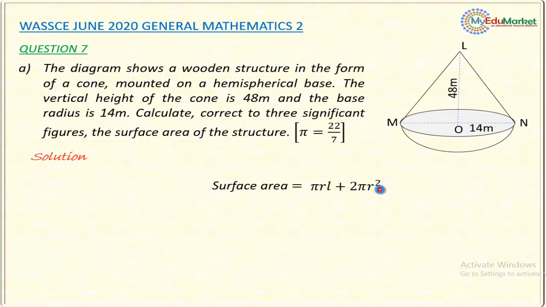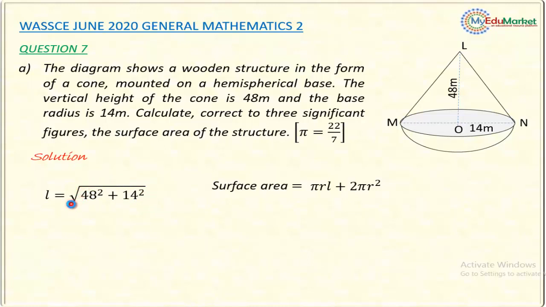So let me move ahead because the slant height of this cone is missing, so let me get it first. The vertical height is 48, the radius is 14, so I get the slant height of the cone so that I can substitute in this formula, because I don't have it in the question. The slant height will be the square root of 48² plus 14².